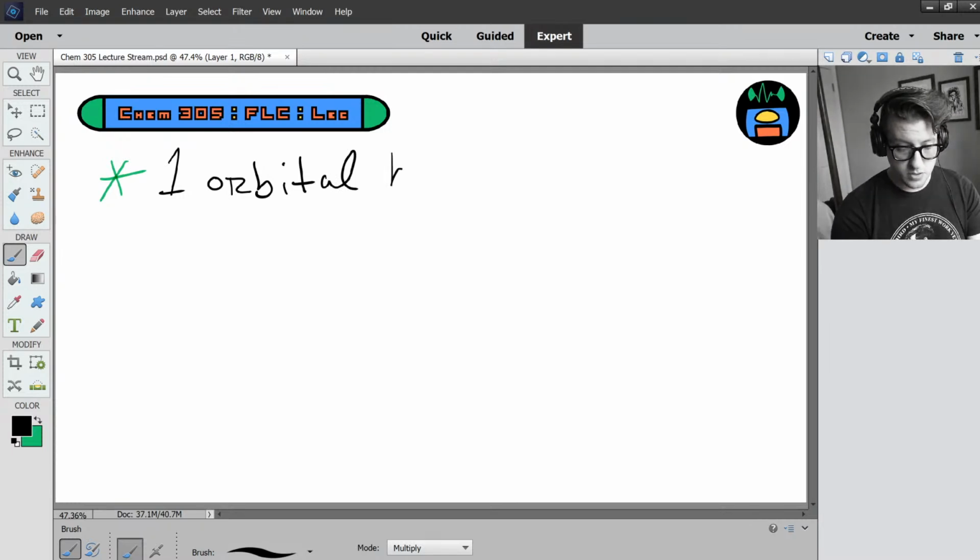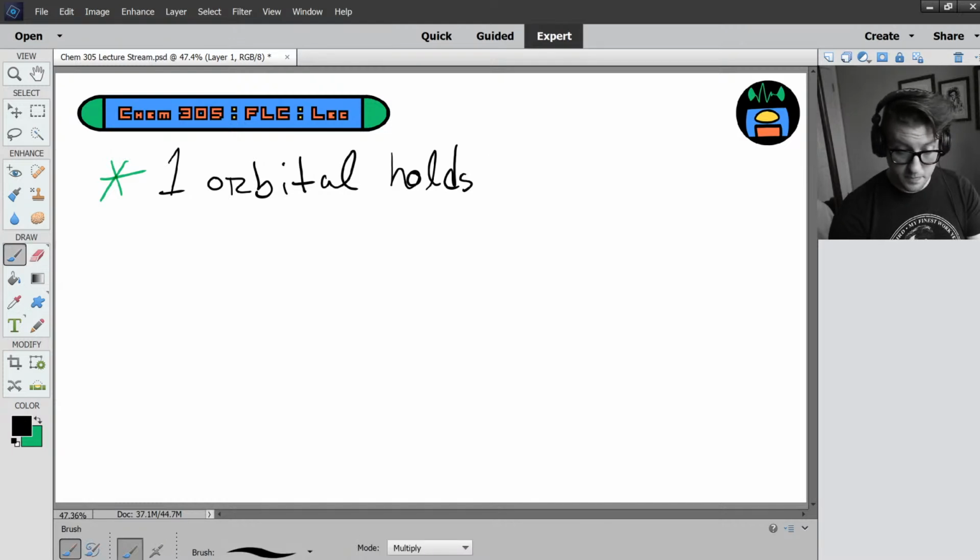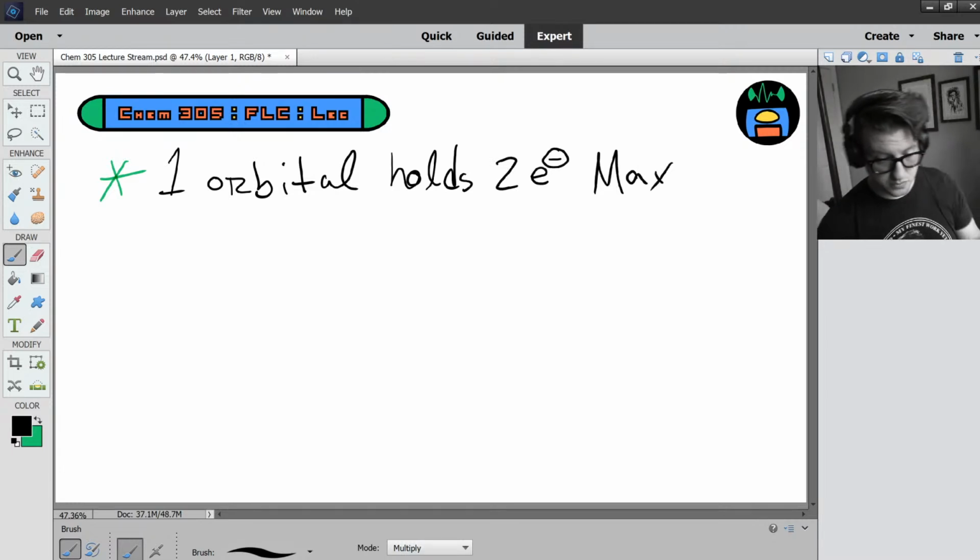One orbital holds 2 electrons at its max. Oh wow, hang on. Gotta get my eraser back. There we go. So that is absolutely correct.